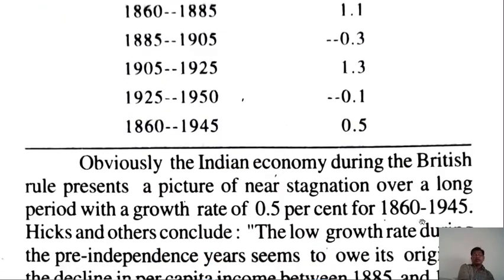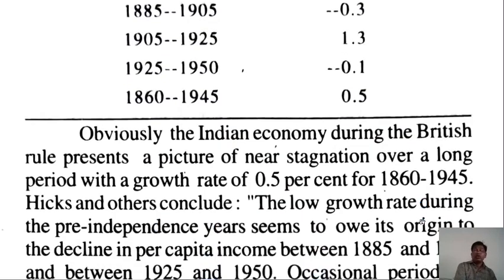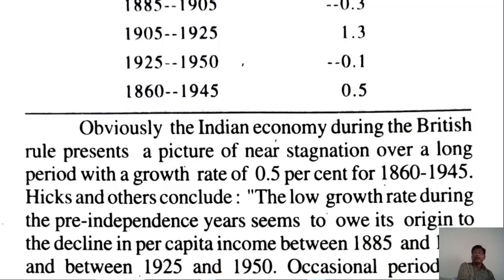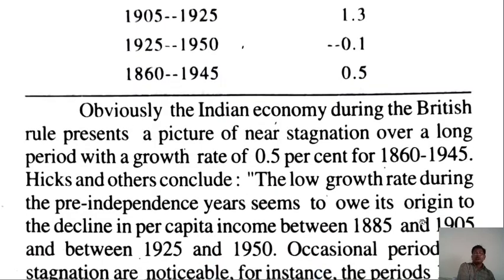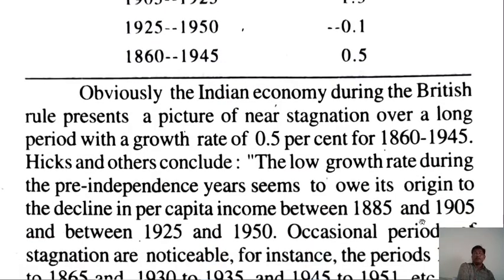Professor Hicks and others conclude the low growth rate during the pre-independence years seems to owe its origin to the decline in per capita income between 1885 to 1905 and between 1925 and 1950.